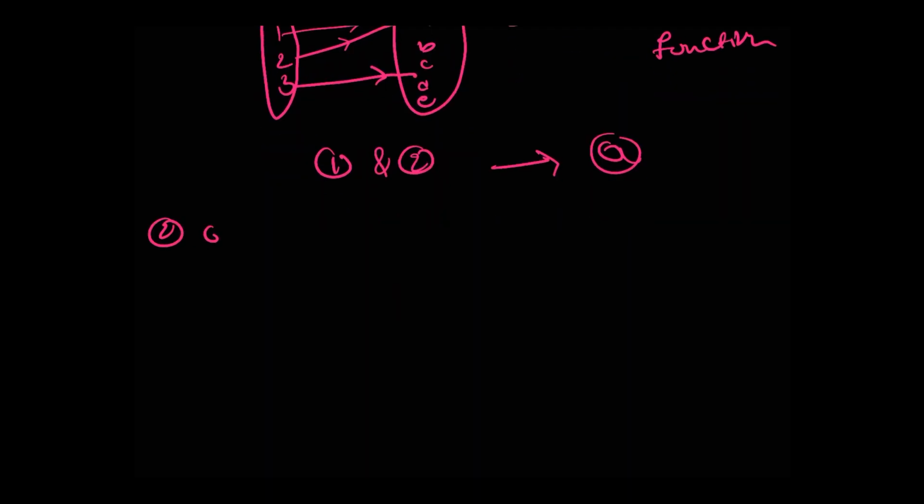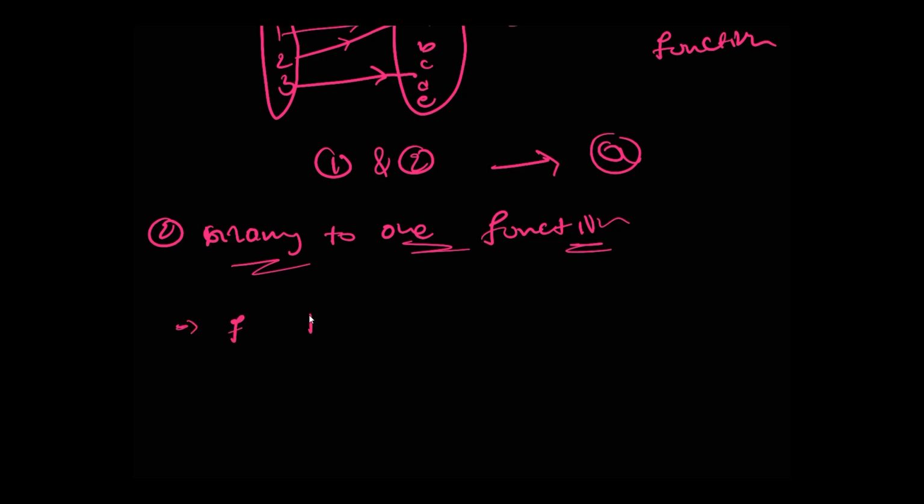Second, many to one function. Opposite of one-one function. A function which maps two or more elements of P to the same element of Q, we call it a many to one function.